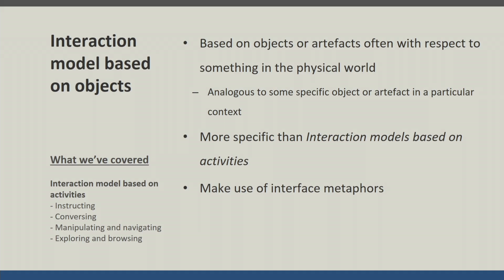And now we have the interaction model, which itself is based on objects from the physical world. It is analogous to some specific object or artifact in a particular context. We would soon see a few examples which would help us understand this.